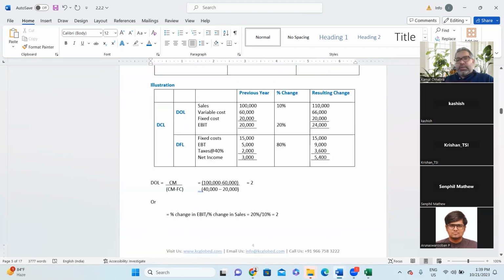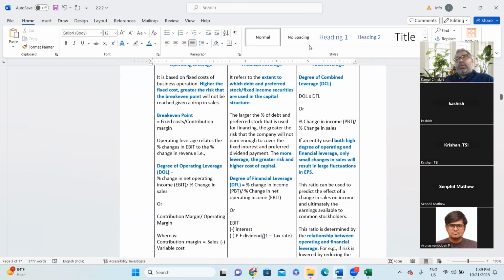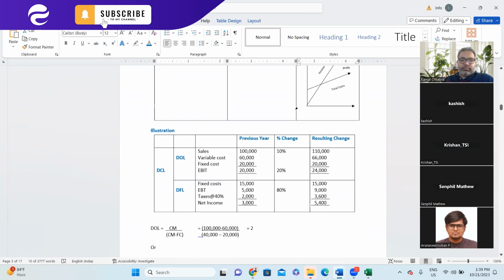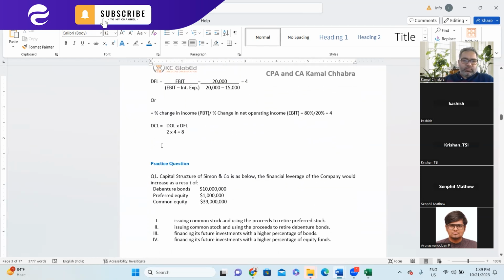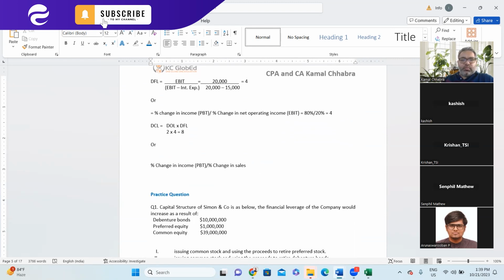And the last one is combined leverage, right? Combined leverage is operating leverage multiplied by financial leverage, or I would say we can do this also: change in income, that is profit before tax, divided by change in sale.